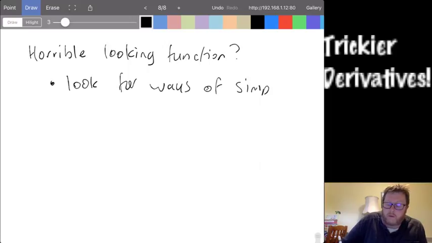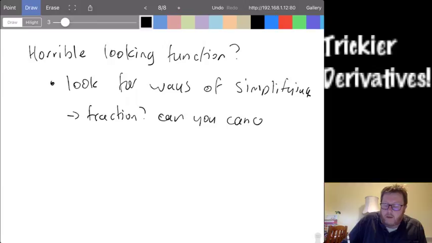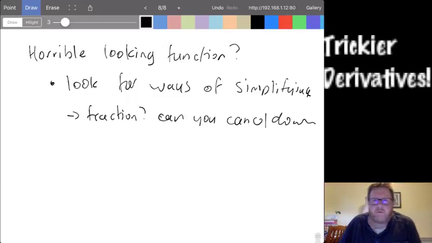That's basically it. For example, is it a fraction? Can you cancel down? And cancelling down might mean factorising the top or the bottom or both, and then dividing out stuff in order to make it work.